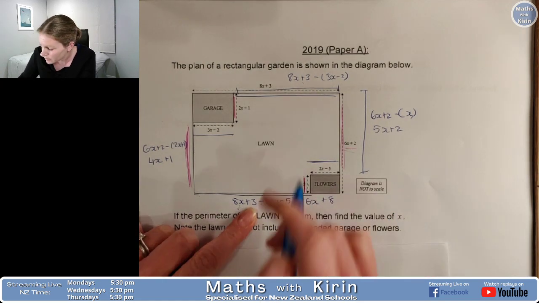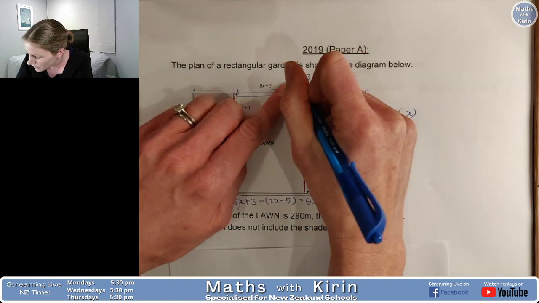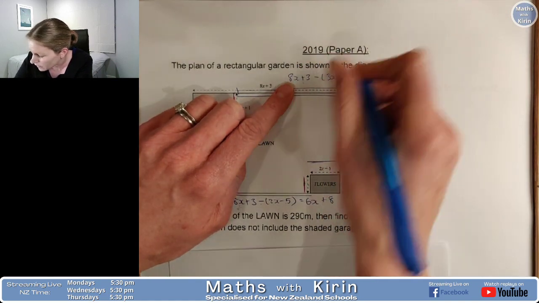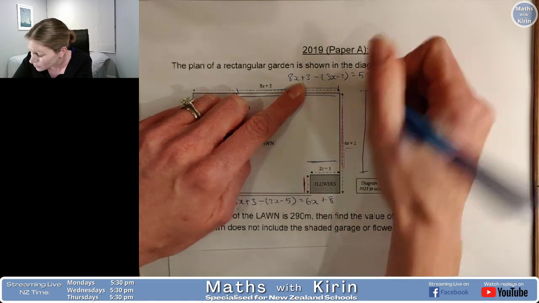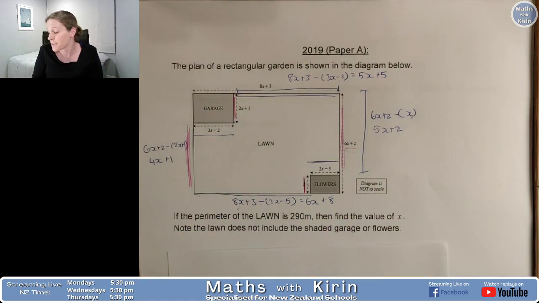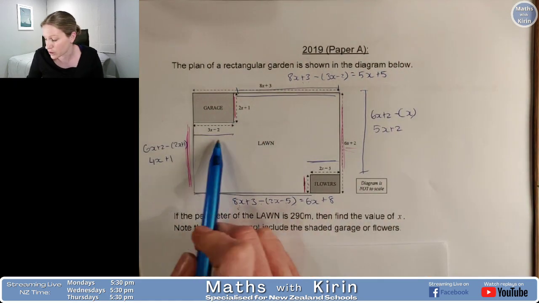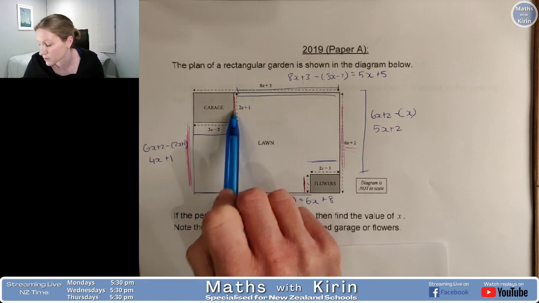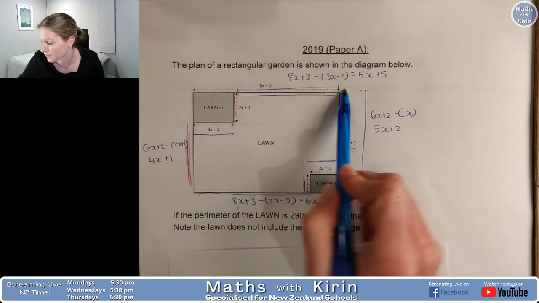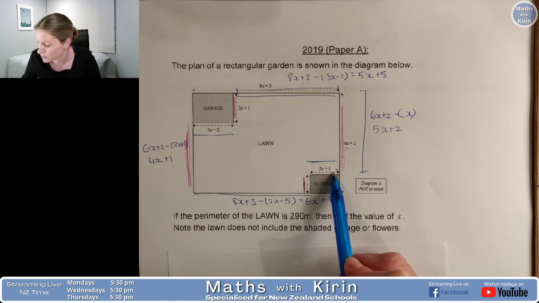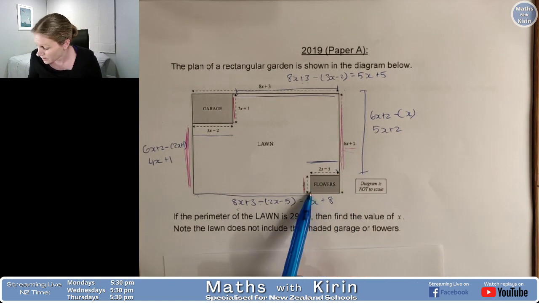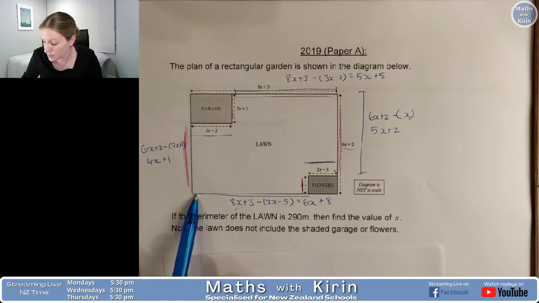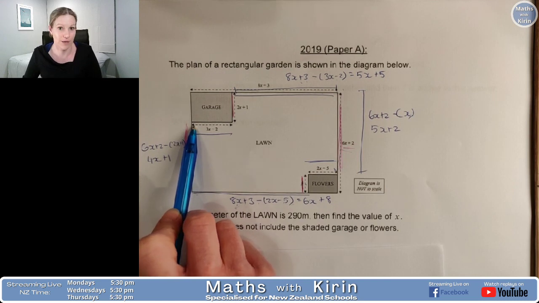Okay, 3 plus 5. And this would be 8x minus 3x, which is 5x. And then 3 minus negative 2 is positive 5. Okay, and then you would write your equation 3x minus 2 plus 2x plus 1 plus 5x plus 5 plus 5x plus 2 plus 2x minus 5 plus x plus 6x plus 8 plus 4x plus 1. And that would equal 290.